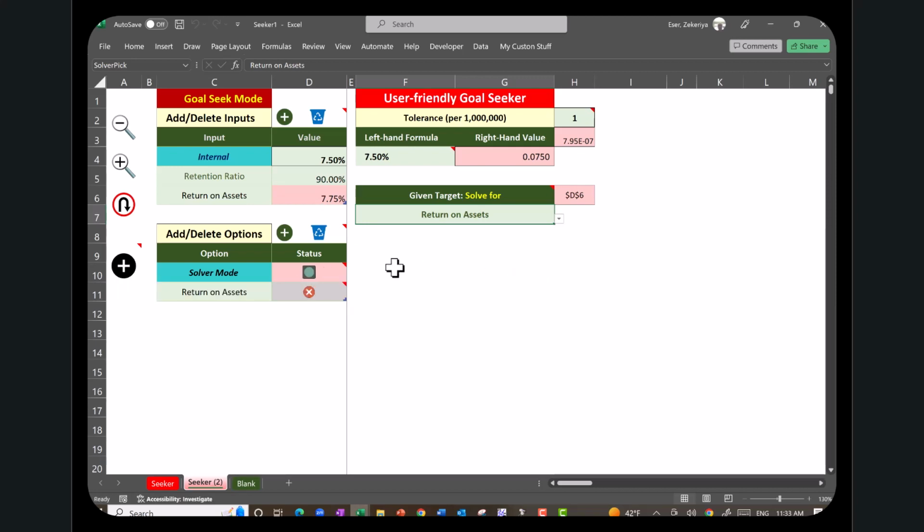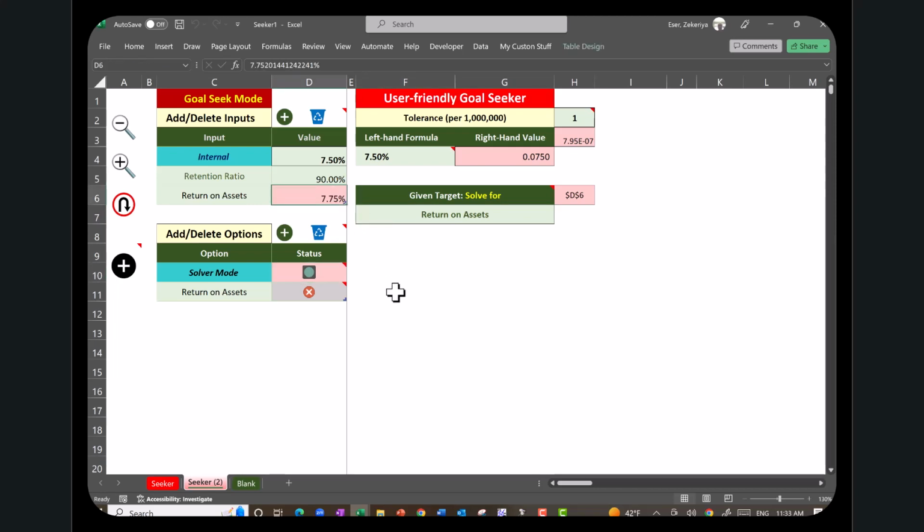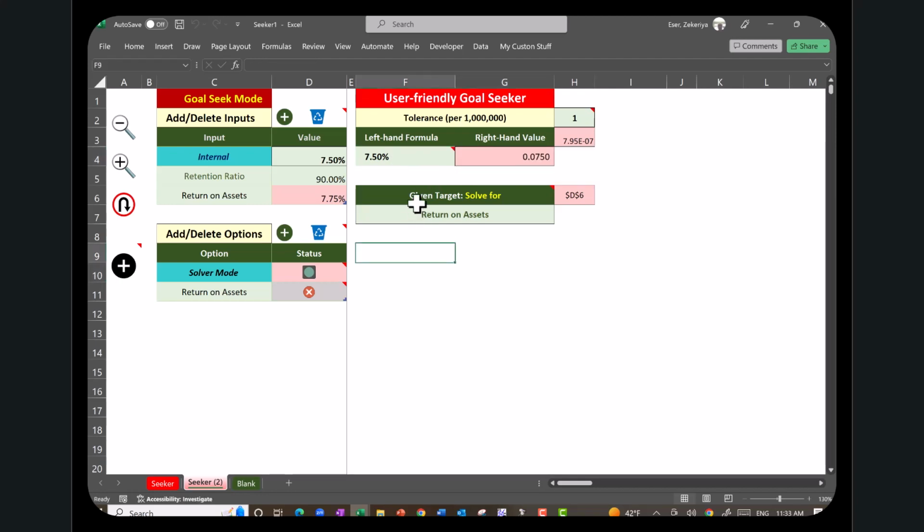Okay. Yeah, solve for it, right? Why is it still showing 750 though? Oh, it is supposed to be 750. My bad.